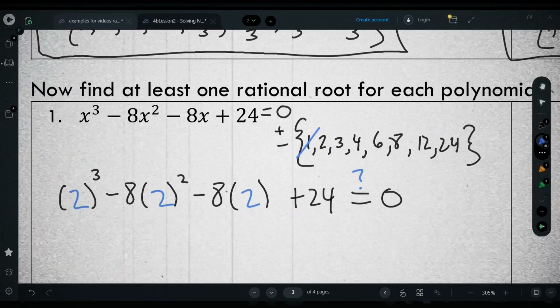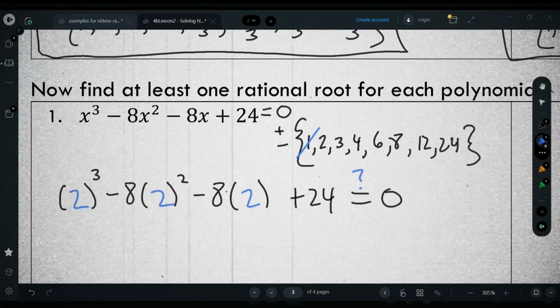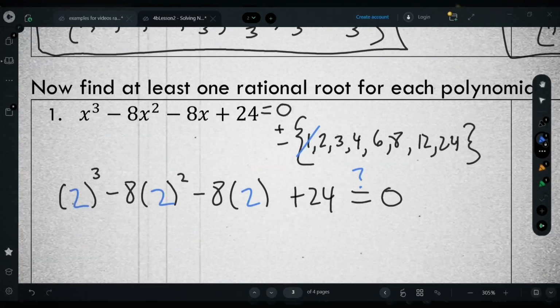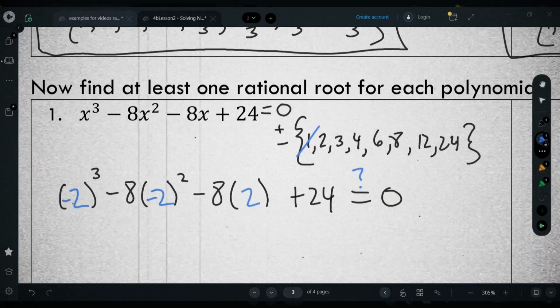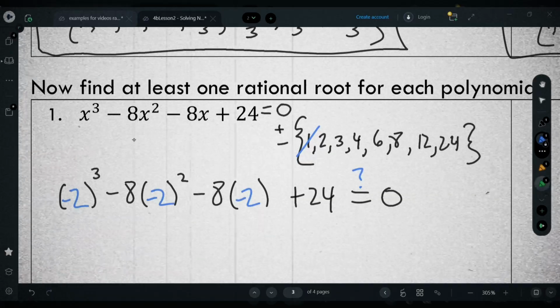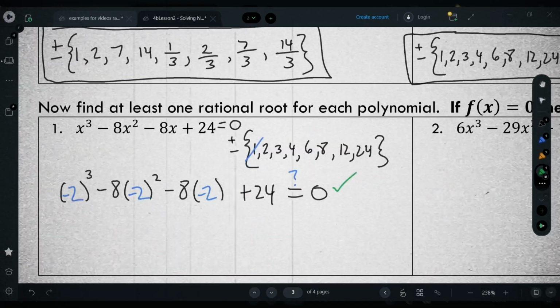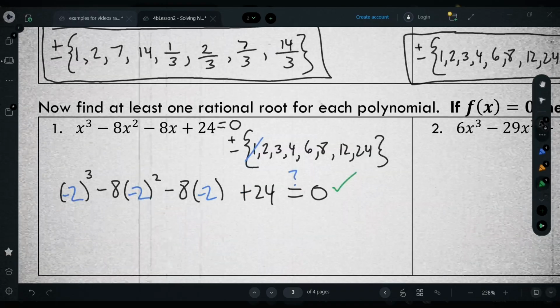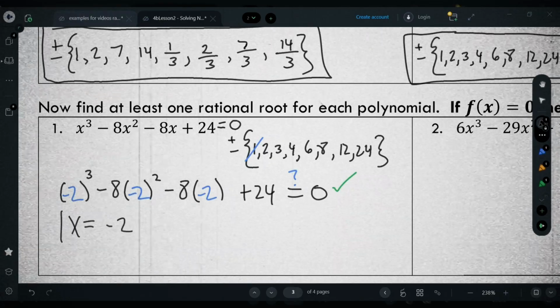You should see 0 on your calculator, or on Desmos. That's how we know that we found a solution. So negative 2 does indeed work. X equals negative 2 is a solution.